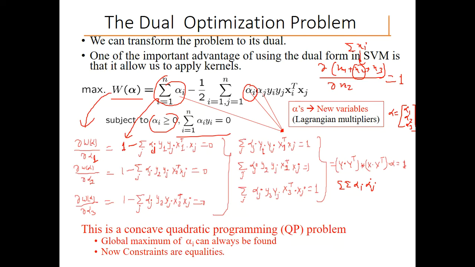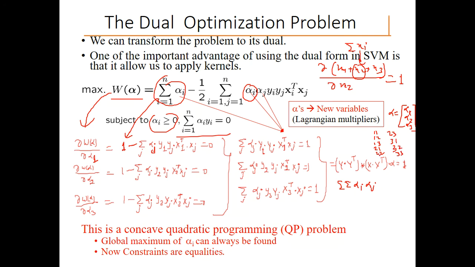If you multiply all combinations of i and j, i will vary from 1 to 3, j also will vary from 1 to 3. So you will get combinations like 1,1; 1,2; 1,3; 2,1; 2,2; 2,3; 3,1; 3,2; 3,3. These many combinations of i, j you will get.